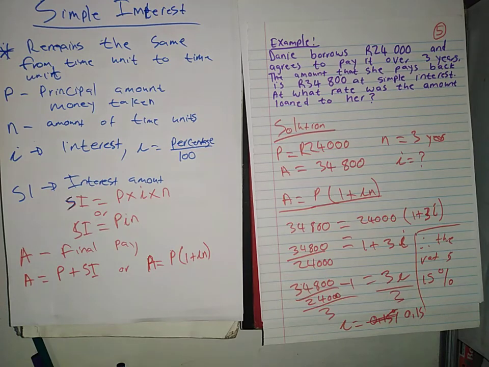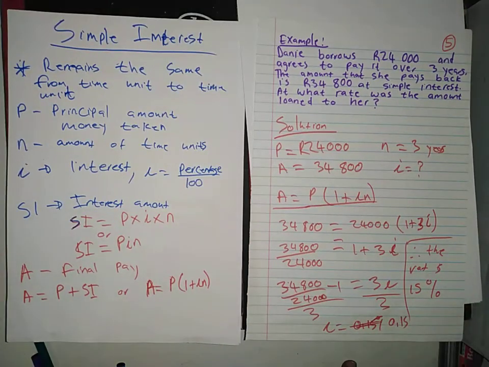Make sure that you put things properly, and then you answer exactly in the way in which they asked. So guys, that leads me to my last point: at the end of the day, when you're doing this kind of problem, always answer the questions in the context of how the questions were asked.